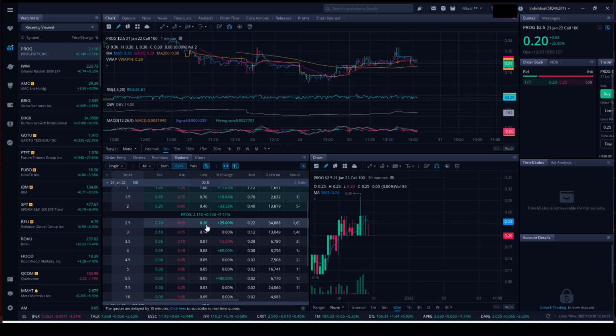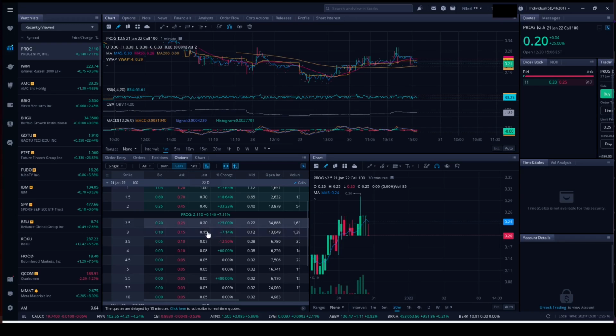So if we buy a call at the $2.50 strike for 20 cents per contract, and then we sell a call at the $3 strike for 14 cents per contract, we're setting ourselves at a 6-cent difference. So we're actually paying a net total of 6 cents per contract.